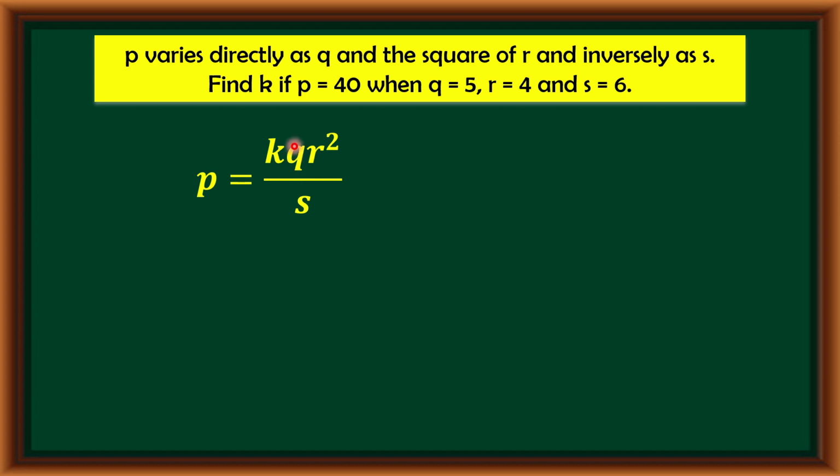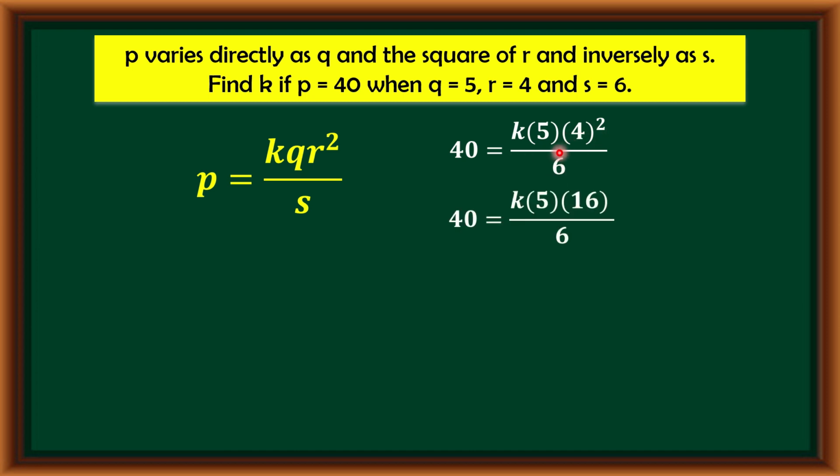Now, let us substitute the value of P, which is 40, value of Q, which is 5, value of R, which is 4, and value of S, which is 6. So we have here 40 is equal to K times 5 times 4 squared over 6. And 4 squared is equal to 16. So we have 40 is equal to K times 5 times 16 over 6.